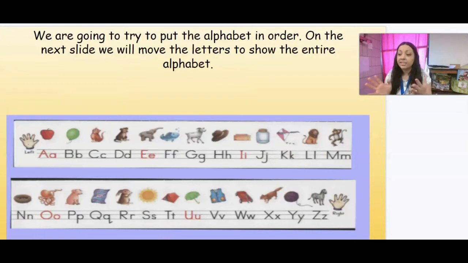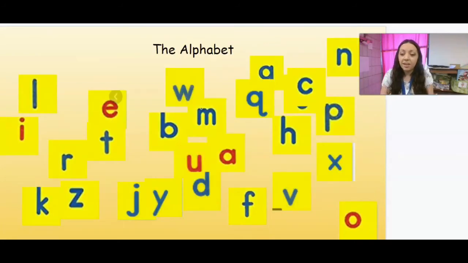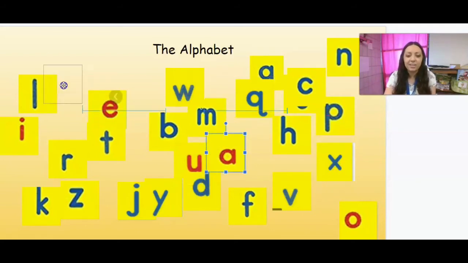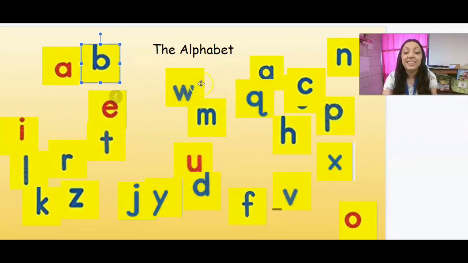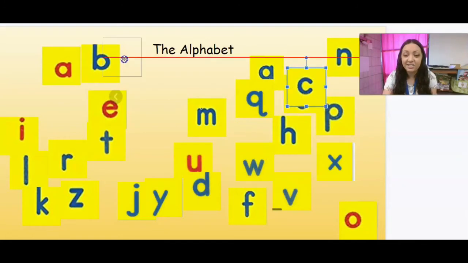All right, so we're going to practice putting all of our letters in alphabetical order on the next slide, okay? So here we go. We're going to start with our initial letter in the alphabet, which is the letter A. Very good. What's going to come after the A? B. Very good, then C. Good job.